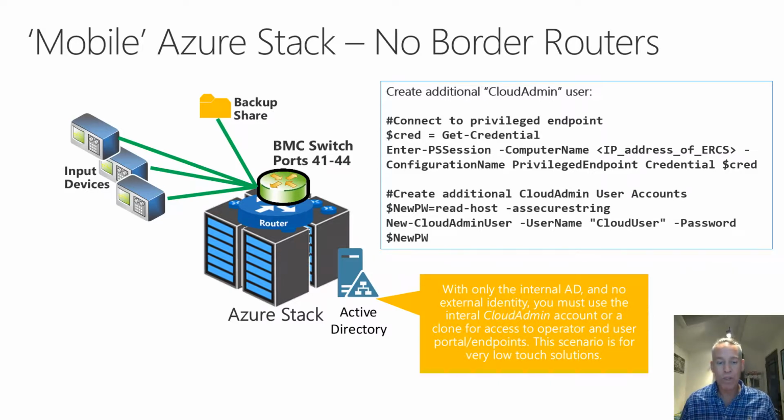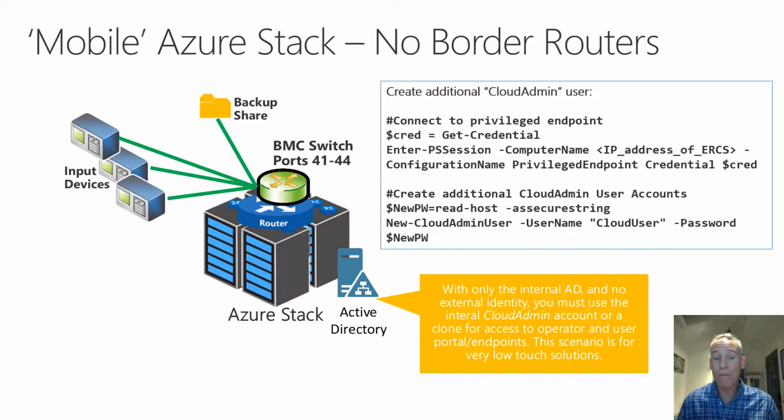So you have to do some really detailed thinking and planning and engineering if your solution looks like this, but this might be like the ruggedized Azure Stack with a few devices bristling out from it that you might see in the back of a truck that's zooming around and truly mobile. So it doesn't have all of that extra overhead of additional infrastructure.